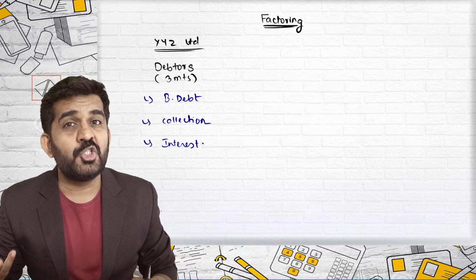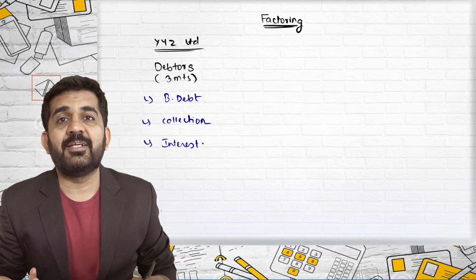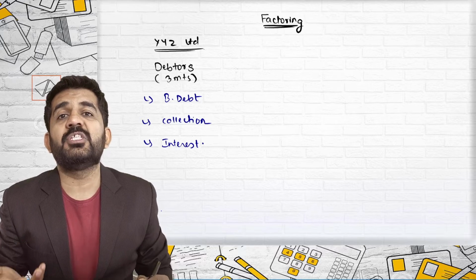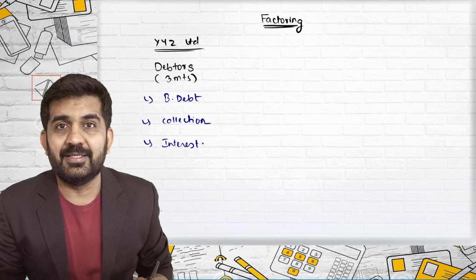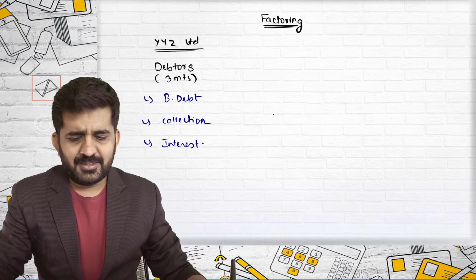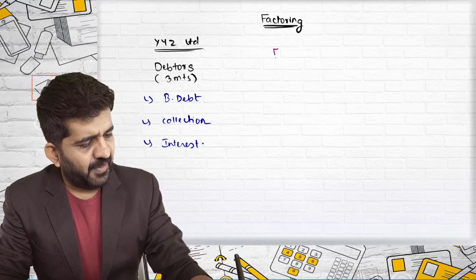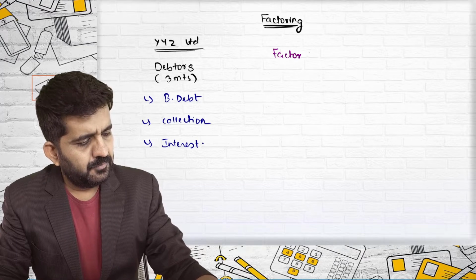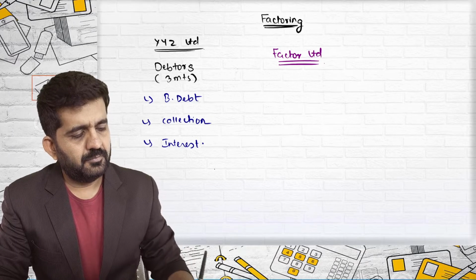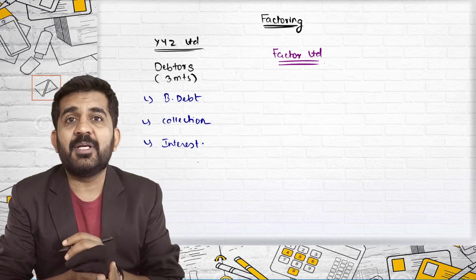There is an insurer or a factor who can practically purchase your debtors. So let us assume there is another company, say Factor Limited. Try to understand what service Factor Limited will give you.